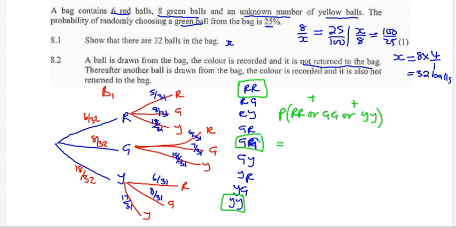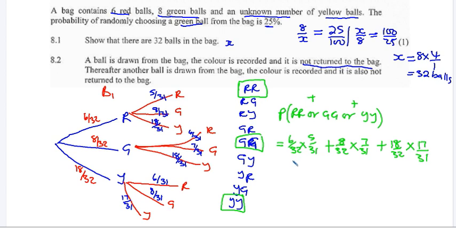The first red is 6 over 32 times, for the second red, 5 over 31, and then plus green and green. The first green is 8 over 32, and then times the second green, it's 7 over 31, and then plus the yellow and yellow. The first yellow is 18 over 32, and then times the second yellow, 17 over 31.